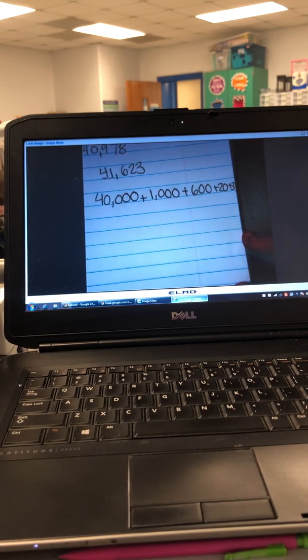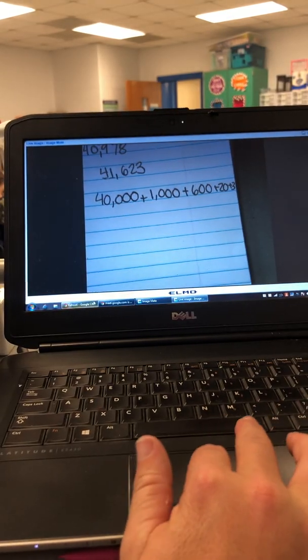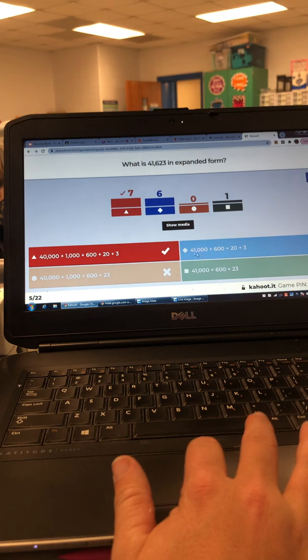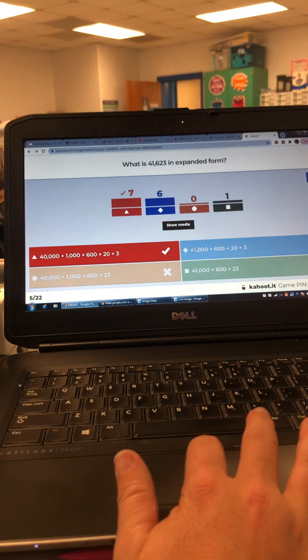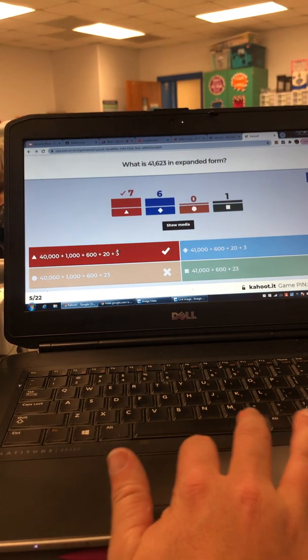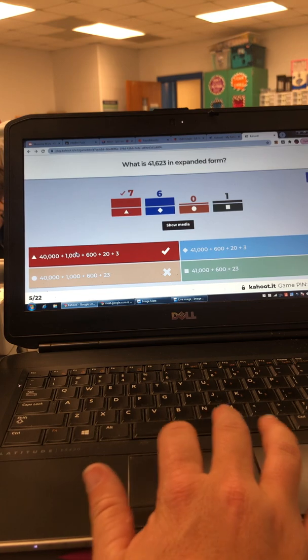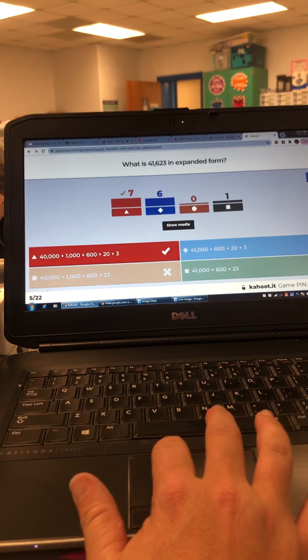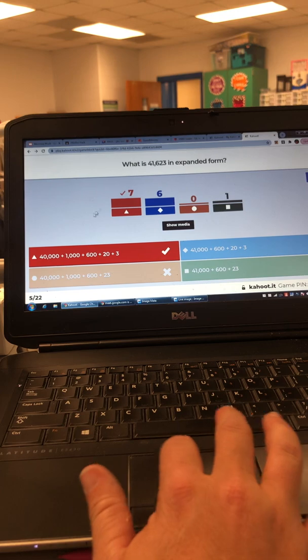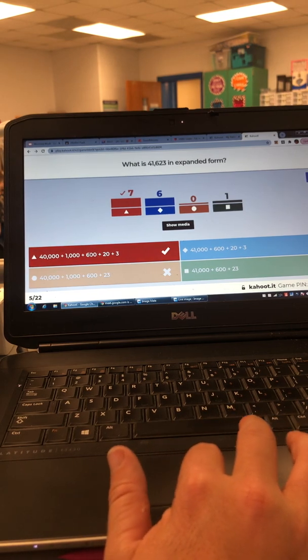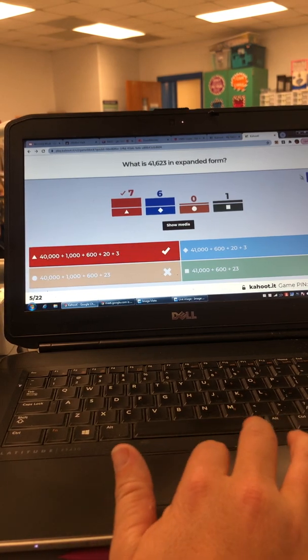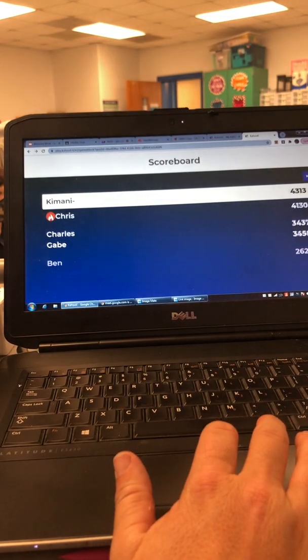Very close call with the writing. So it cannot be B or that one because that's 41,000. You have to do it each individually. Because if it's a 5-digit number, as long as none of them are zeros, then there's going to be 5 different things.